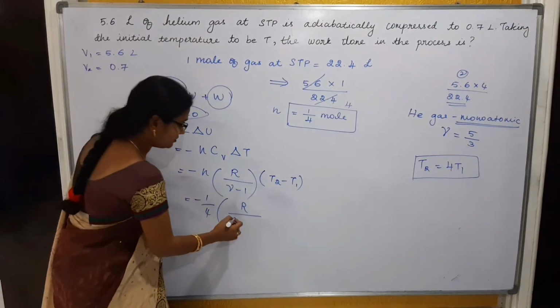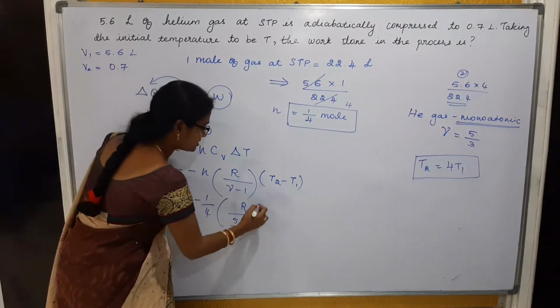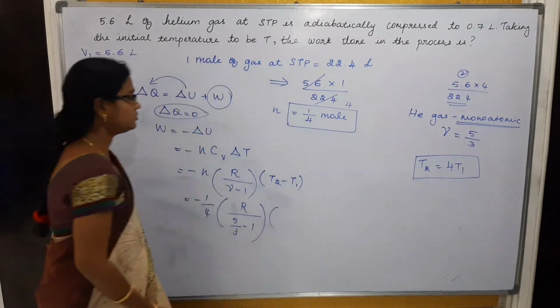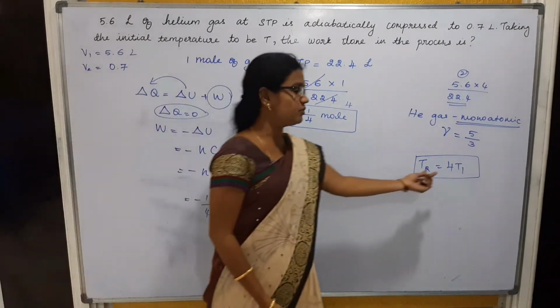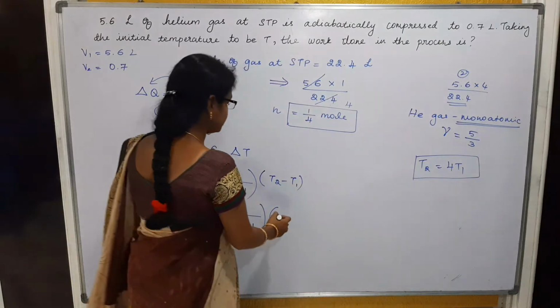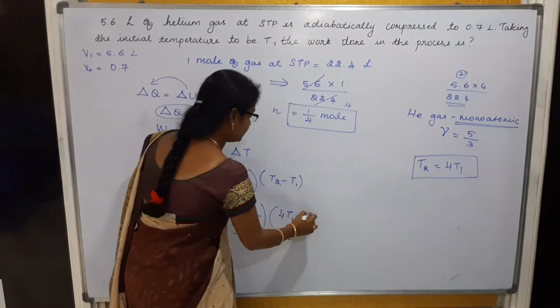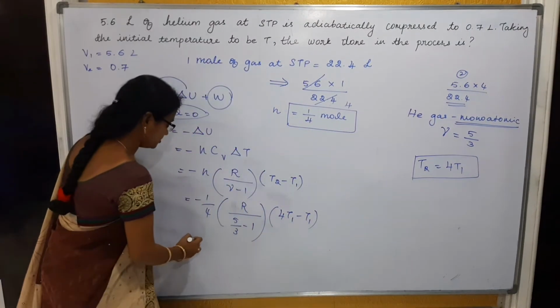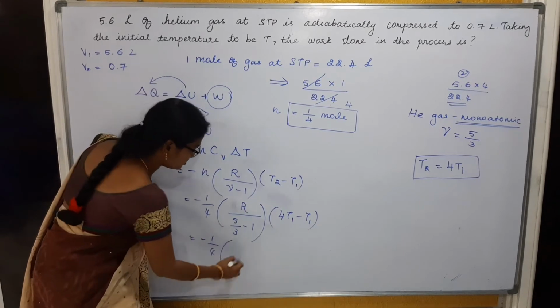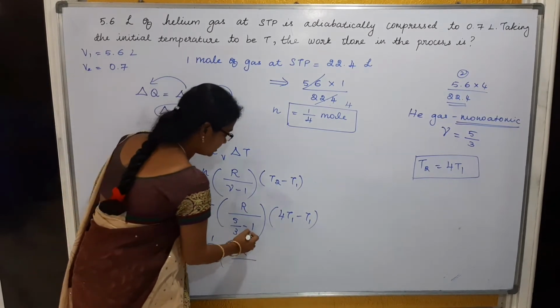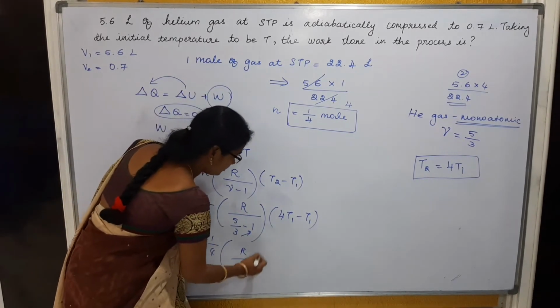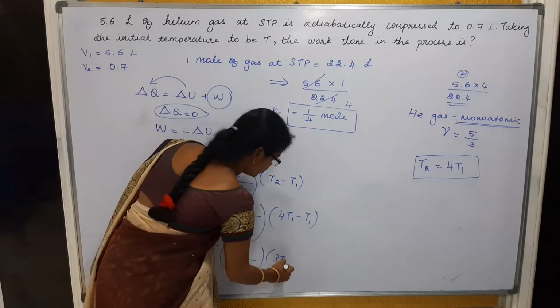So R by 5 by 3 minus 1, into, what is the value of T2? We have to replace this with 4T1 here. So 4T1 minus T1. So minus 1 by 4 into R by 5 minus 3, which is 2 by 3, into 3T1.